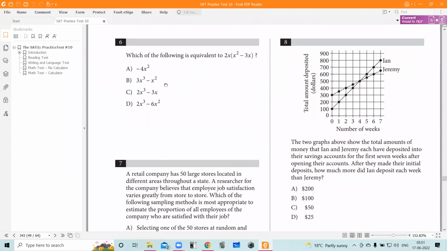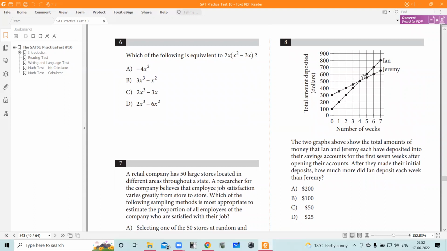All right, so we have two graphs, Ian and Jeremy, showing the total amount deposited and the number of weeks. Without reading the question, I can see that Ian has deposited $100, and his amount is increasing faster than Jeremy's, because his slope is more, his steepness is more.